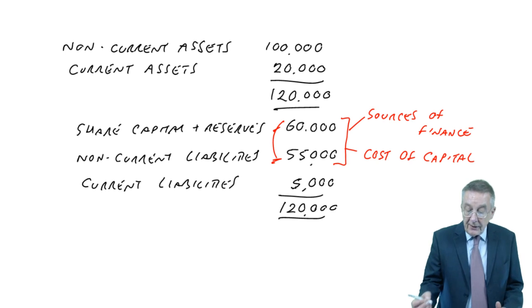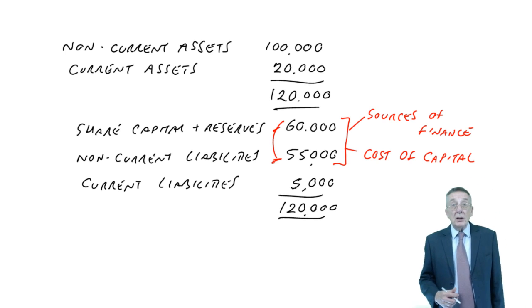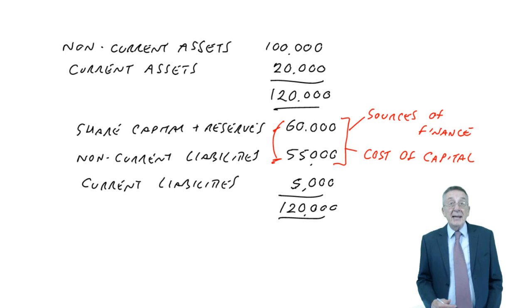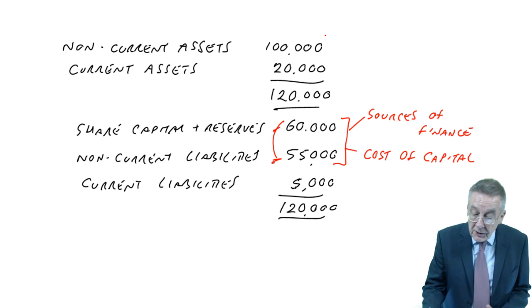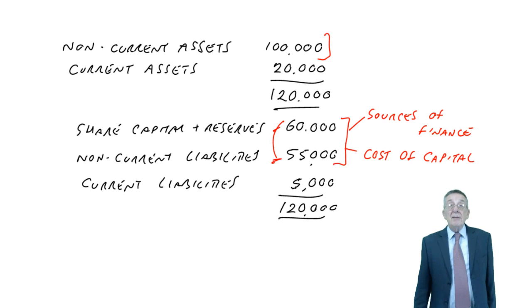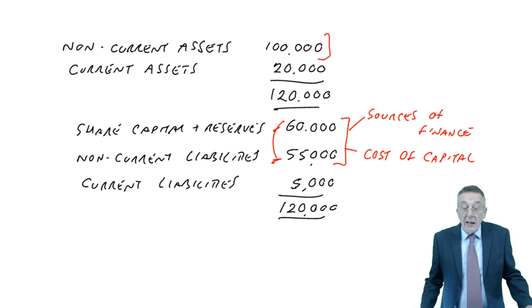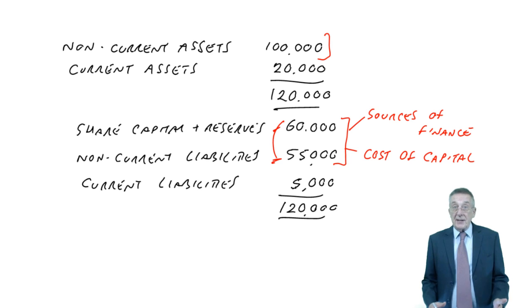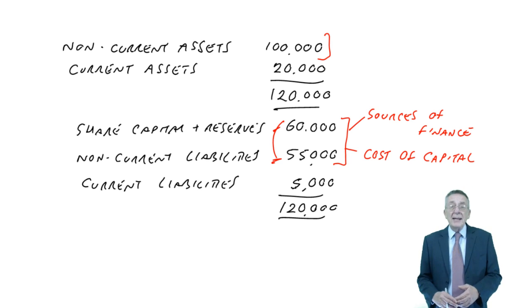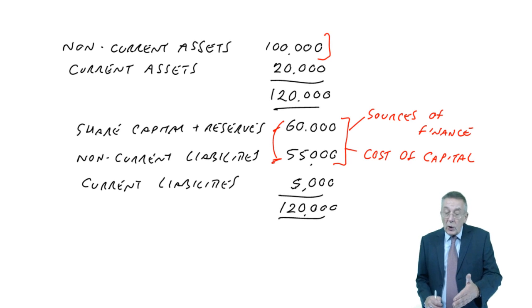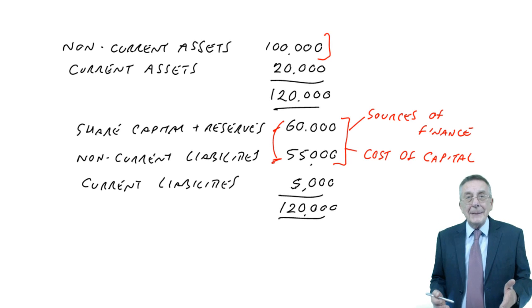But having decided that they've raised 115 in total, what's happened to that money? Well, of course, most of it, as you'd expect, has been invested in our non-current assets, our machines, etc. And so another job of the financial manager is to make sure it's invested well.